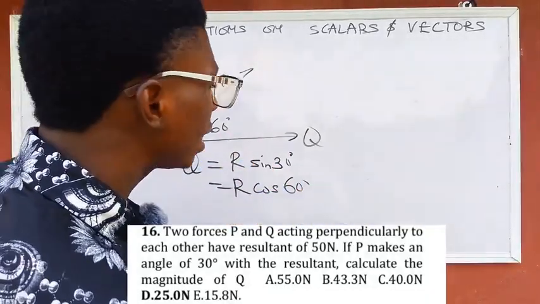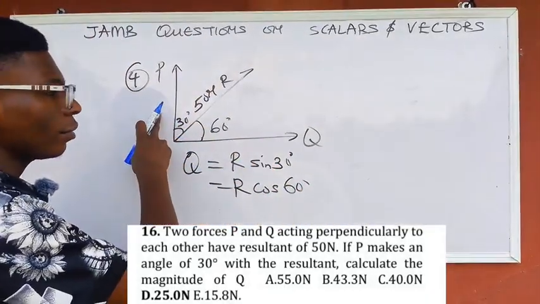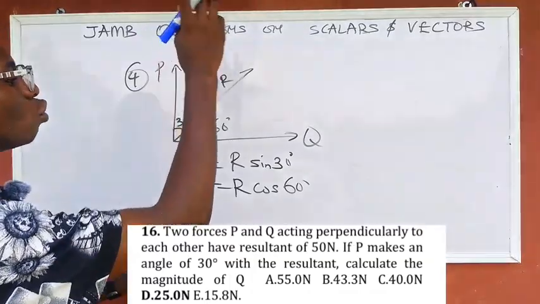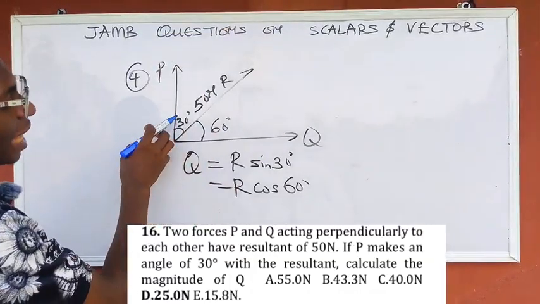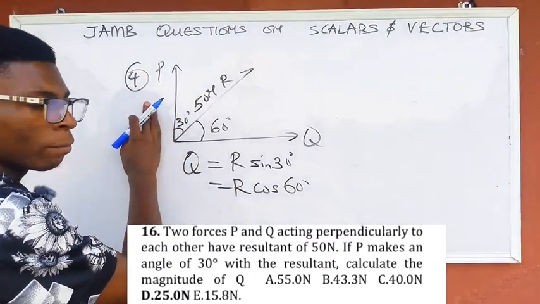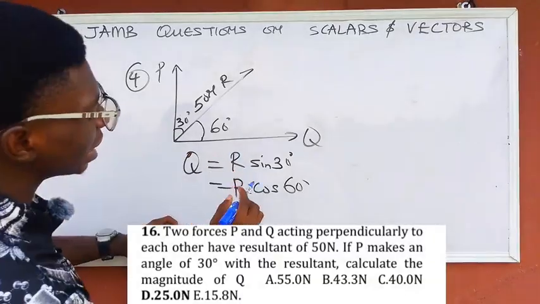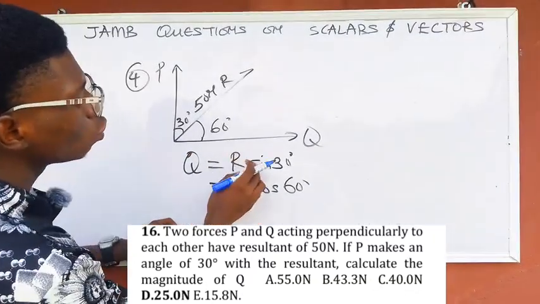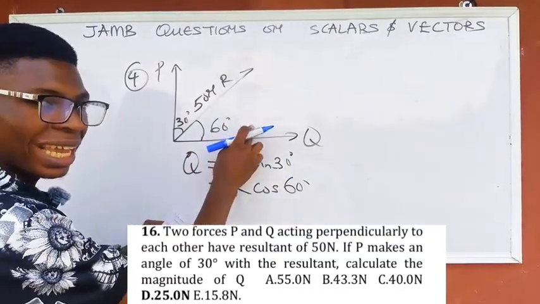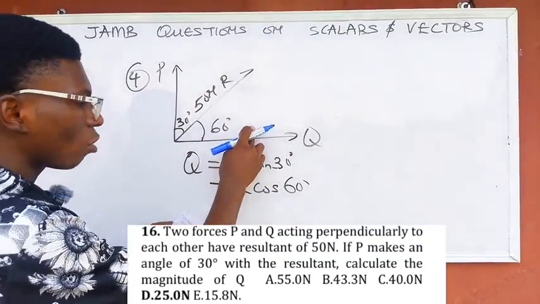If I want to calculate the vertical component, I'm going to use cos theta of this angle, the angle inclined to the component I'm trying to calculate. So if you now want to use sine, like the first one, you're going to use the angle on the second side, not this one again. I hope you are getting me now, please.